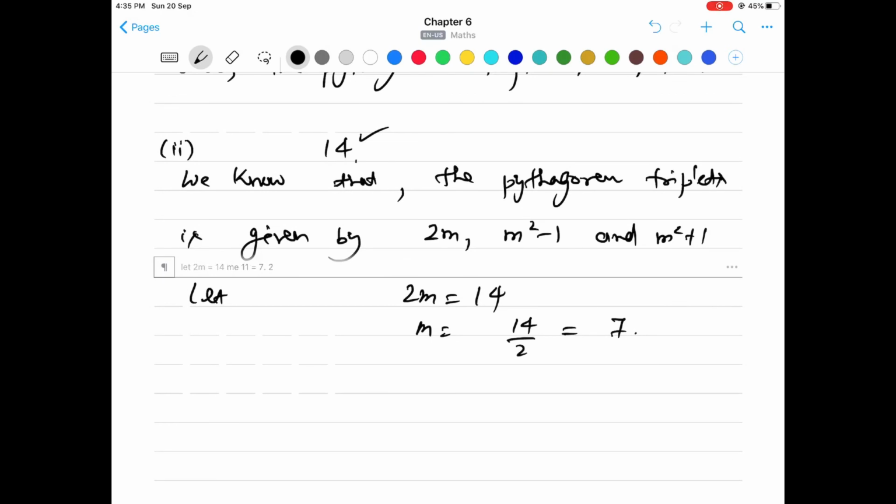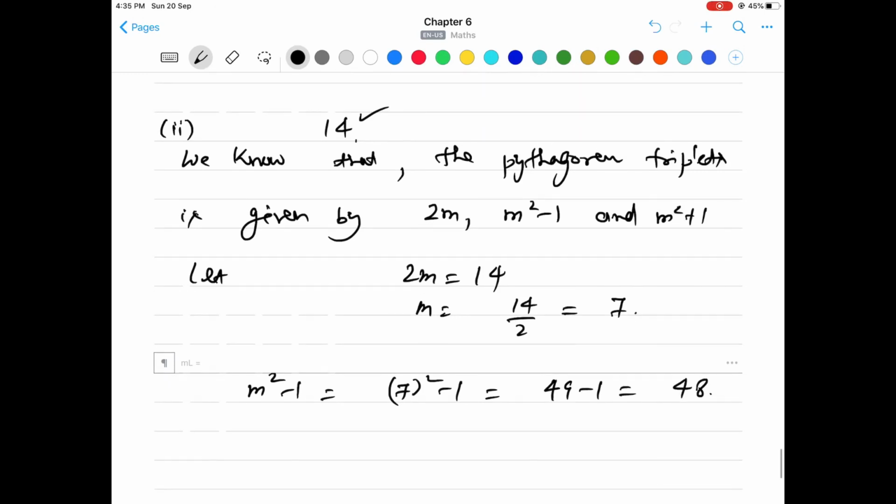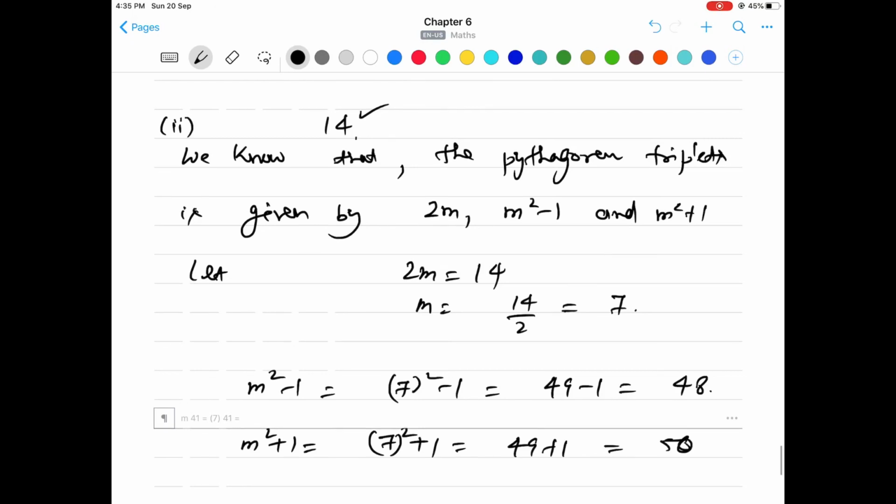If m is 7, the next number m square minus 1 will be 7 square minus 1; 7 square is 49, minus 1 is 48. The next one is m square plus 1, so this will be 7 square plus 1; 7 square is again 49, plus 1 will give us 50.